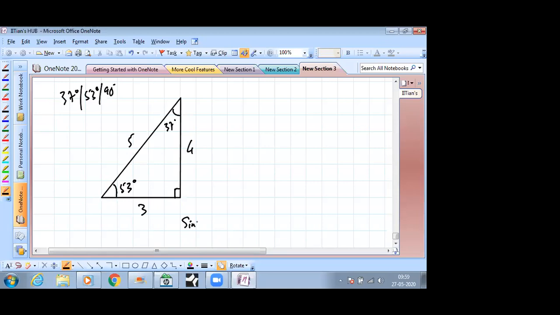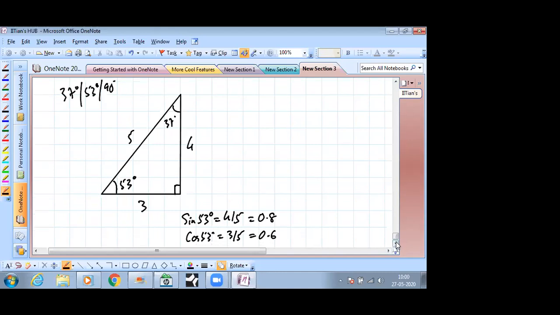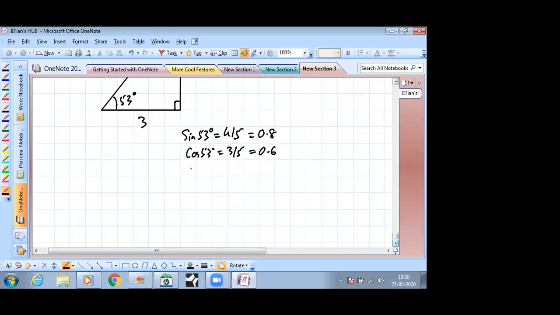Sine 53 is 4 by 5. Cos 53 is 3 by 5, or you can write this as 0.8, this is 0.6, and consequently tan 53 is 4/3. Right.